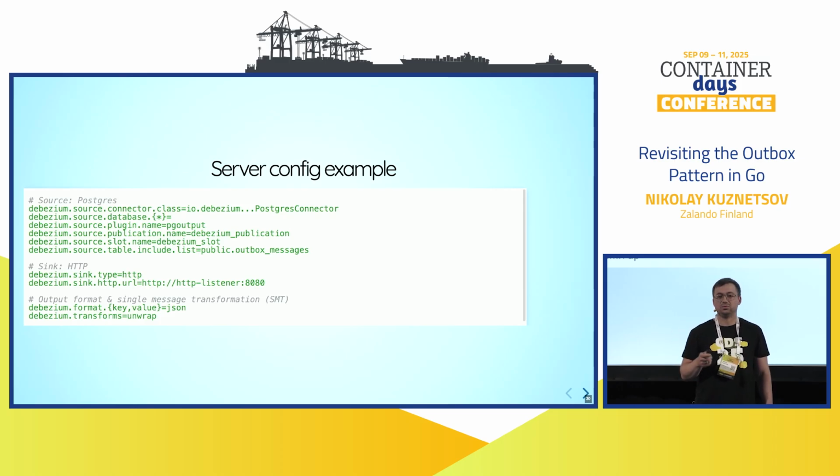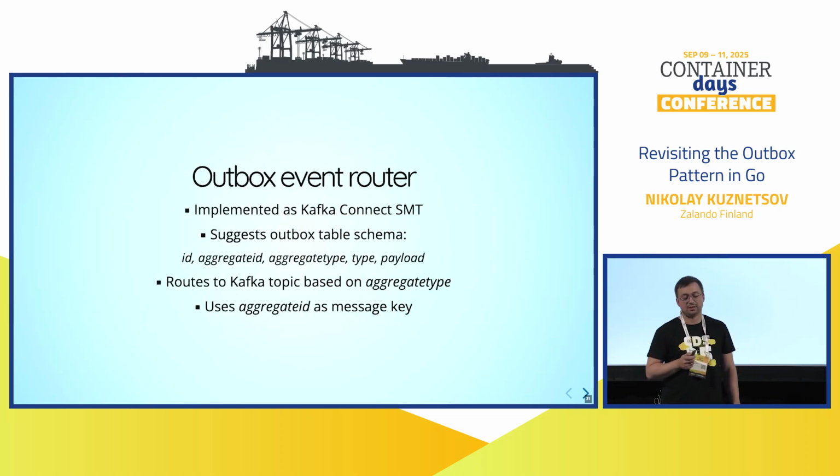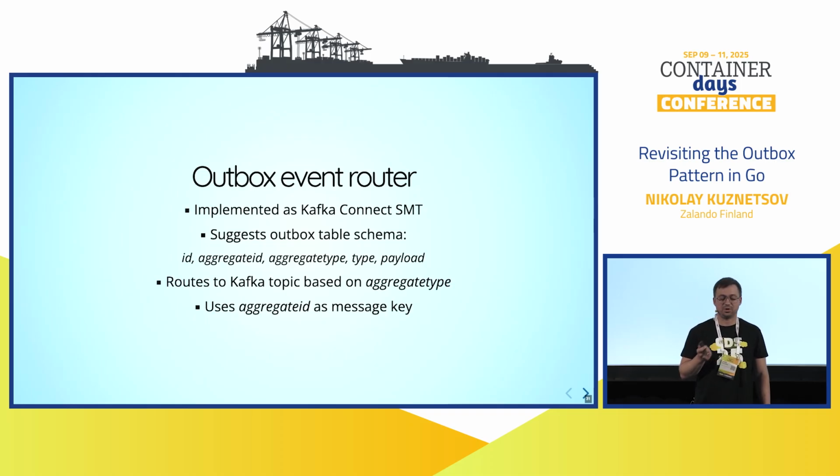And then you can do single message transformation, which can be configured below, because out of the box, it creates some envelope about Debezium, a lot of metadata. If you want to remove that, you need to unwrap it, but it's very extensible. And out of the box, Debezium comes with an outbox pattern solution, which is suitable for Kafka Connect mode, the Kafka connector.